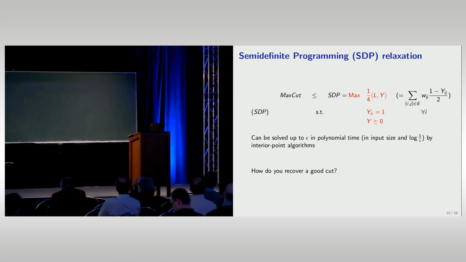And so you get this semi-definite matrix. But that's not the problem I wanted to solve. I wanted to find a cut. So now I'd like to be able to recover a good cut. And I'd like to know if this upper bound is within a factor of half of the optimum cut.